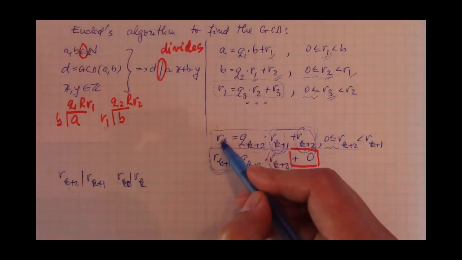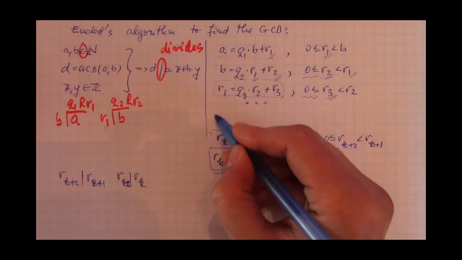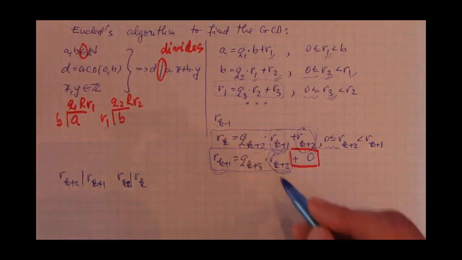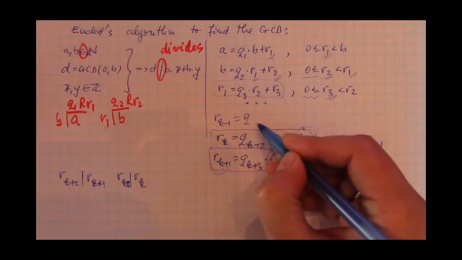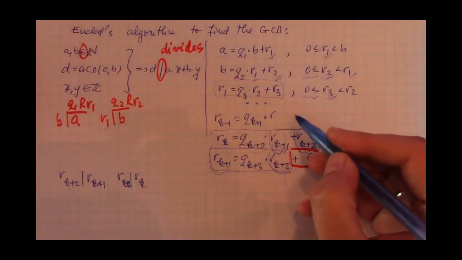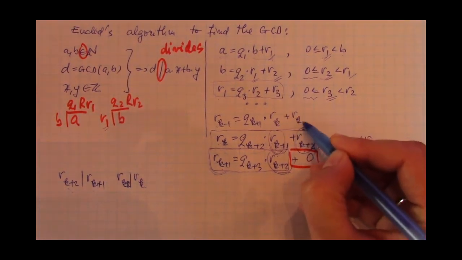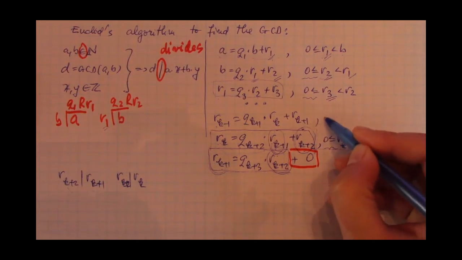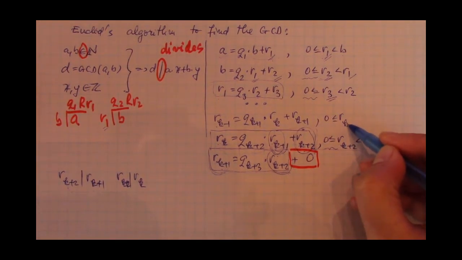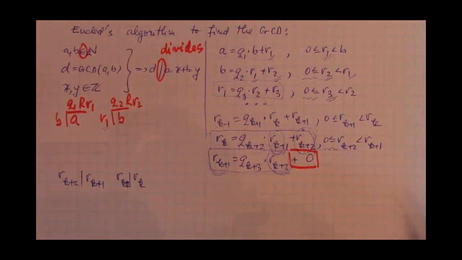Now if we write the previous division, I'm going to decrease all these indices by 1: r_{k-1} is equal to q_{k+1} times r_k plus r_{k+1}, where 0 is less than or equal to r_{k+1} is less than r_k.